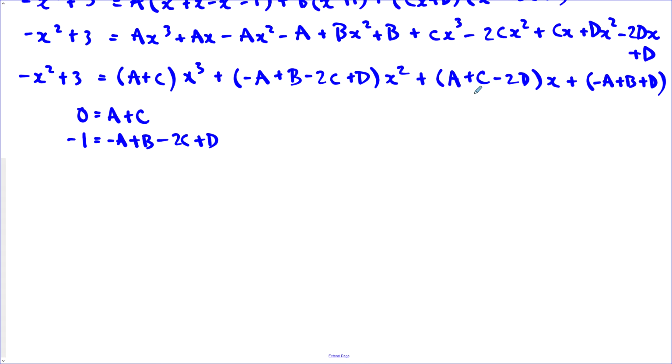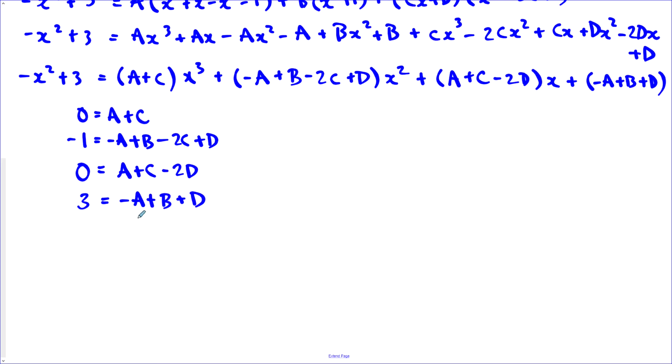Next, the x's, and we don't have any of them either, so that coefficient will be 0 as well. And last, our constant here is 3, and that will equal negative a plus b plus d.